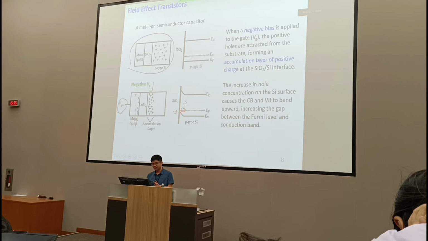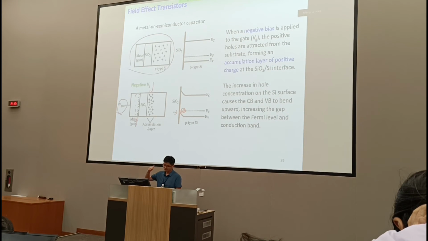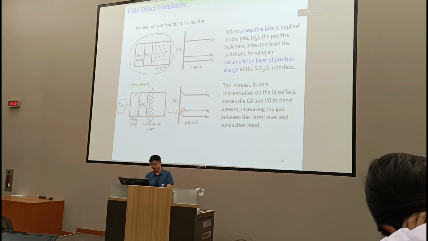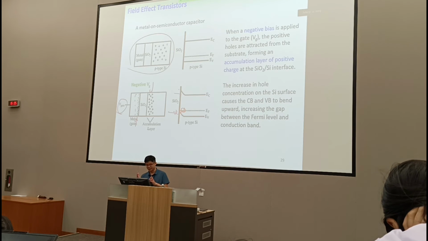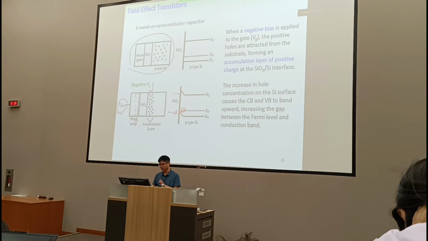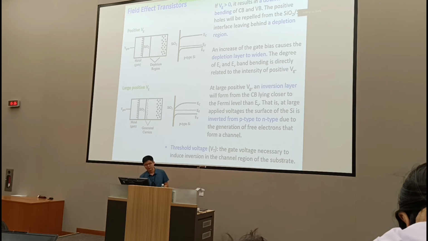So in this case, there is no current flow between the source and drain. Okay? The electrons cannot cross this barrier. You basically enlarge the barrier for electrons crossing from N to P. But if you apply the positive gate, things will change. If the positive gate is not large enough, there is also no current.